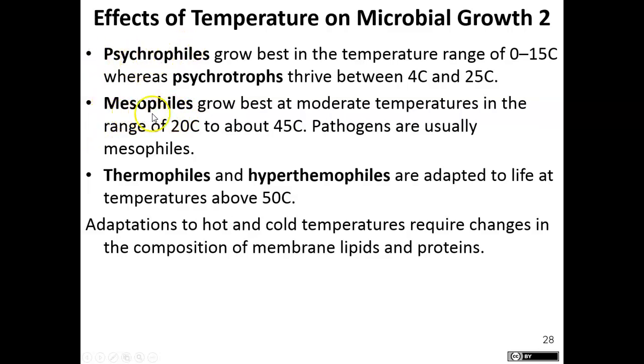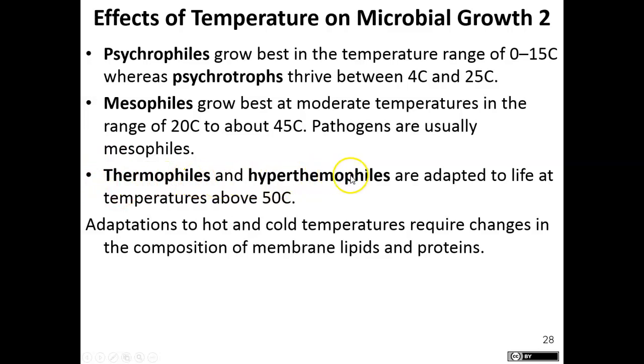Then we have the mesophiles that grow anywhere between, again, around room temperature. I think room temperature is actually 21 degrees Celsius, but I'm not 100% sure. It really depends on how cool or warm you like your rooms. To about 40 or 45 degrees Celsius, but the optimum is about 37 degrees Celsius, which is body temperature. Most of our human pathogens are mesophiles.